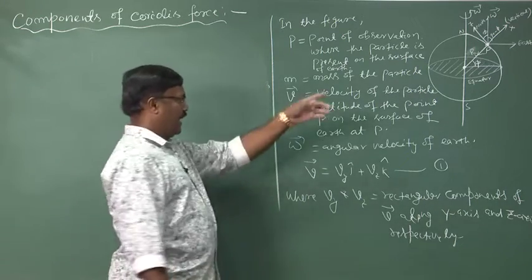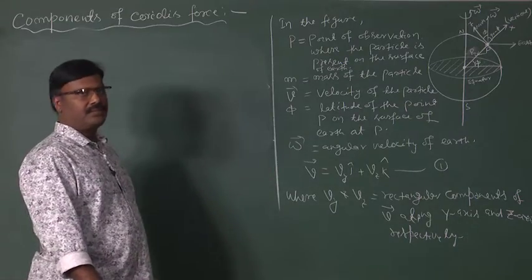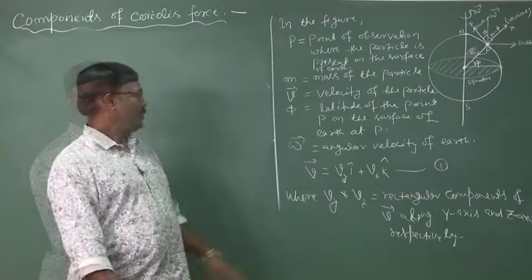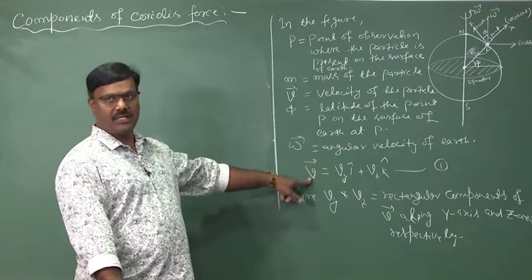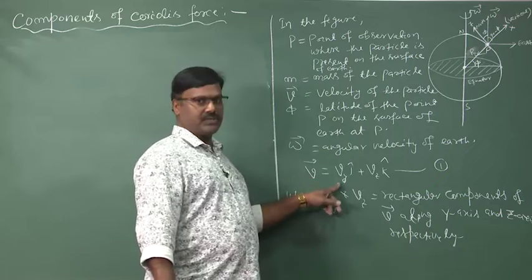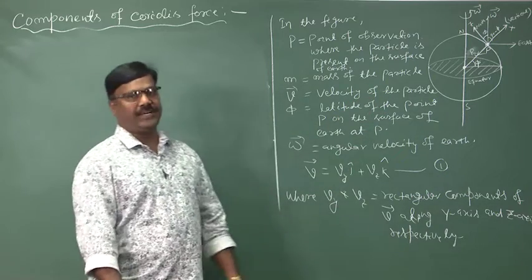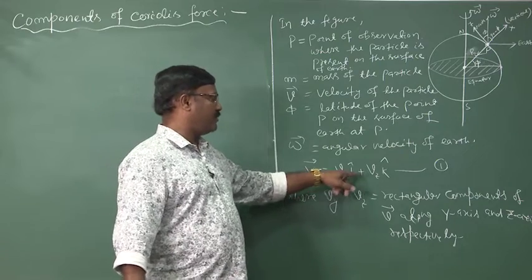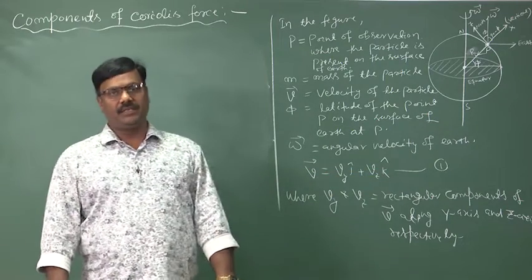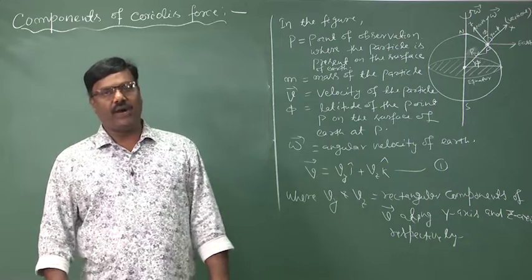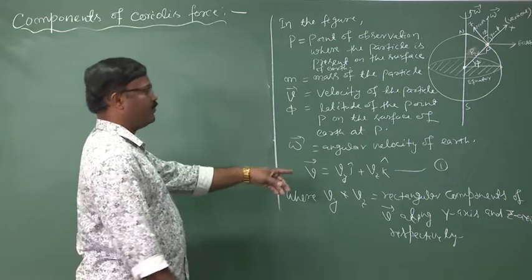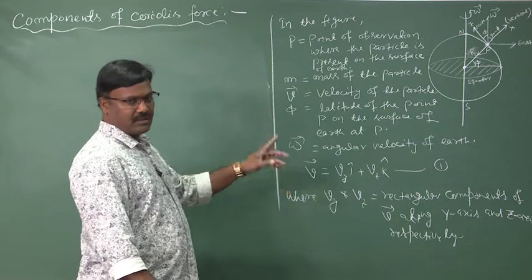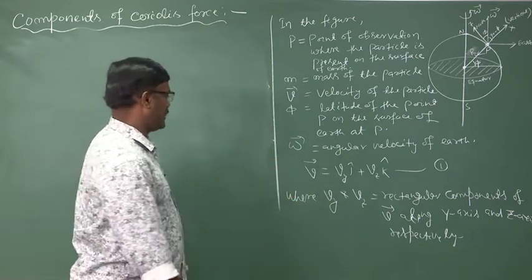Now, we have expressed the velocity of the particle with respect to its rectangular components as V is equal to Vy j cap plus Vz k cap, as the particle is moving in the yz plane, where Vy and Vz are the rectangular components of V along the y axis and z axis respectively.